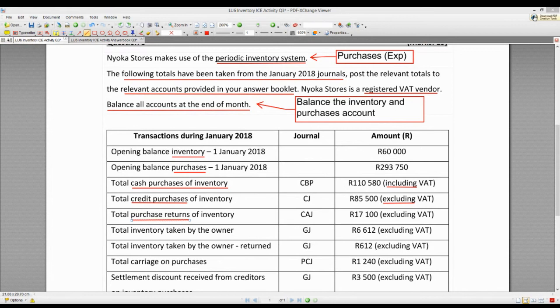So based on that discussion, do you think purchases return would be captured under our purchases account? Let me just repeat the question. We only have to complete the inventory and the purchases account. Would the purchases returns be captured in our purchases account or not? Yes or no?